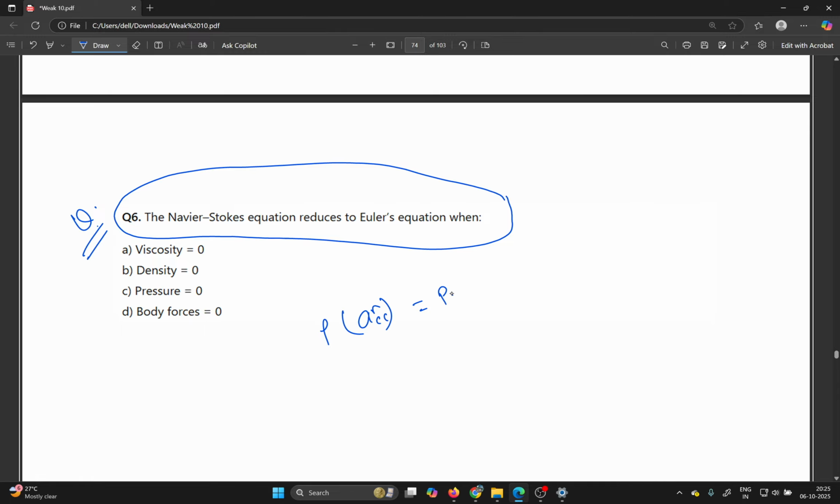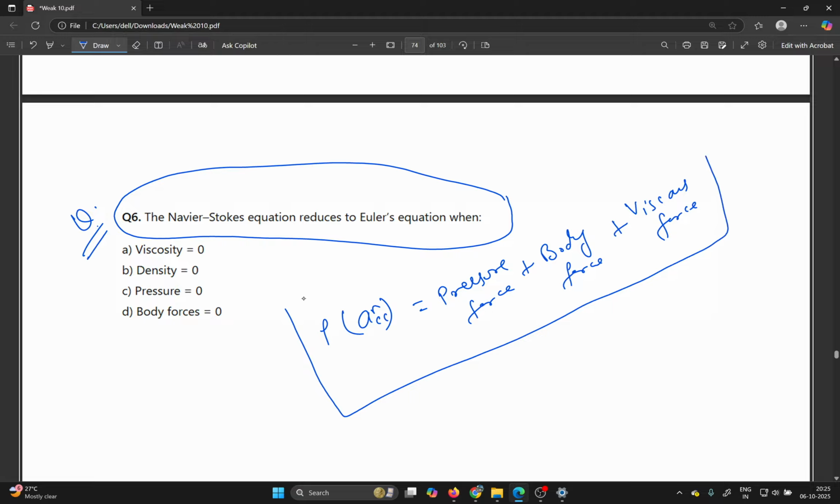Force is pressure force, body force plus viscous force. So these three forces you have in Navier-Stokes equation.